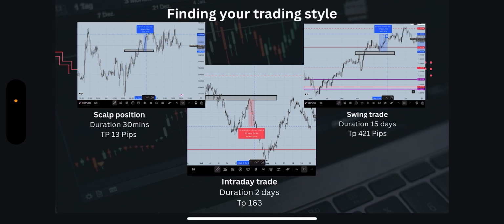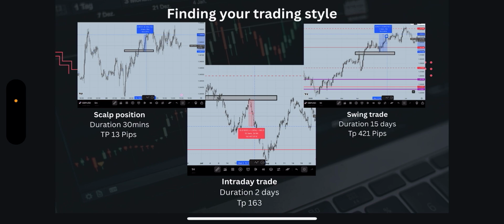So for the scalp position here, this trade lasted 30 minutes and 13 pips were collected. Then in the middle here, we have an intraday trade, which lasted 2 days. Intraday traders are a little different than day trading, but they may hold the trade basically another day or two past the entry.